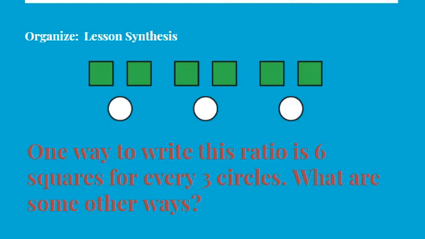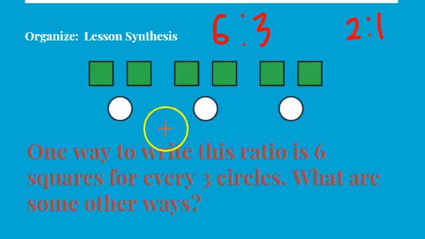All right, so let's do a little bit of wrap up here. So here we have a 6 to 3 ratio, right? We have 6 green boxes to 3 white circles. What are some other ways that we could say this? Yeah, you could say that it's 6 green to 3 white. You could also think of this as for every 2 green, you get 1 white circle.